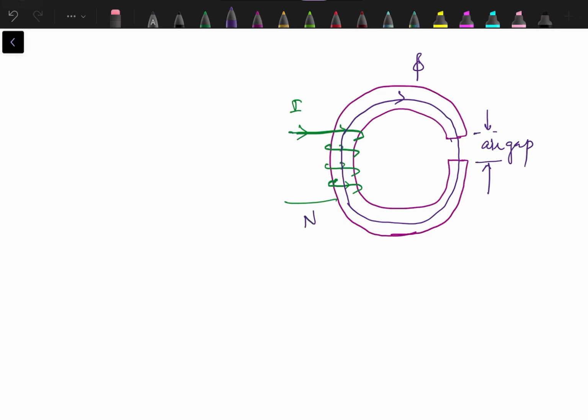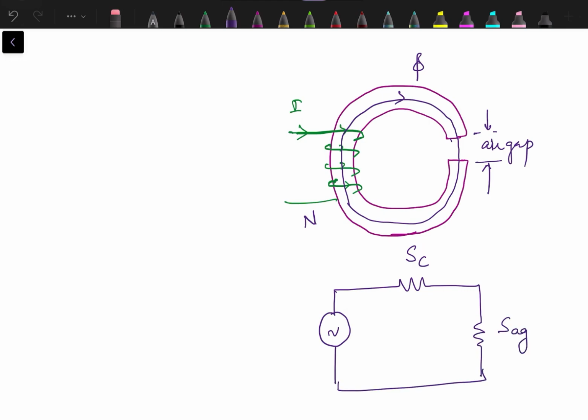Here we have MMF N into I, which can be represented like a source. Then we have the reluctance of the core, the reluctance of the air gap, and flux phi is flowing through this.